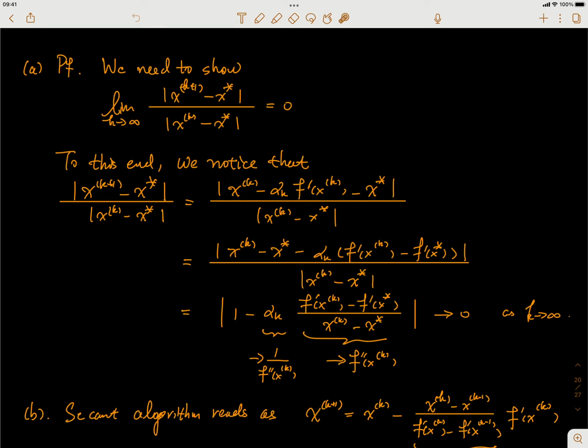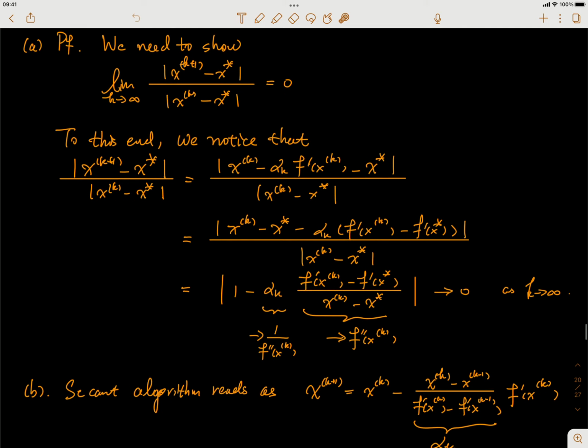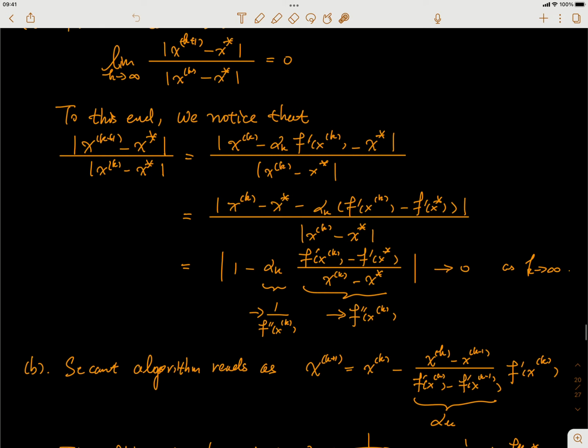Because x star is a local minimum, it satisfies the first-order necessary condition, meaning that f prime at x star should be equal to 0. So we can add this extra term, but it's 0, so it doesn't change anything. Now we can put the ratio inside the absolute value. I combine the numerator and denominator, and you can see these two cancel out and get just 1. Now I have alpha k, and I have this ratio, this over this.